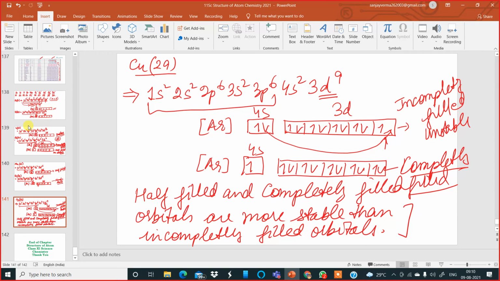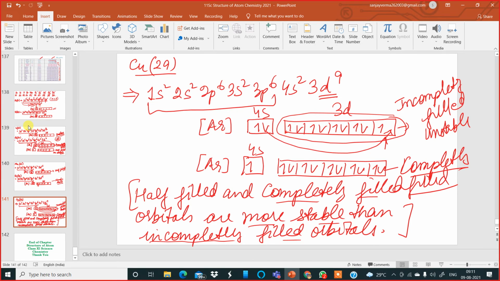This is one important sentence to remember for you all. Half filled and completely filled orbitals are more stable than incompletely filled orbitals. This is incompletely filled over here, so we are making it completely filled.